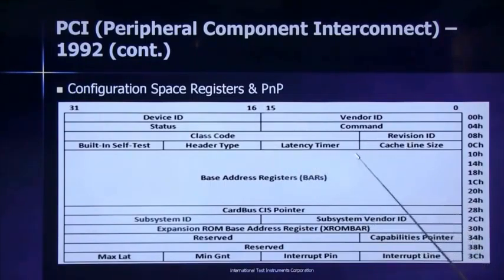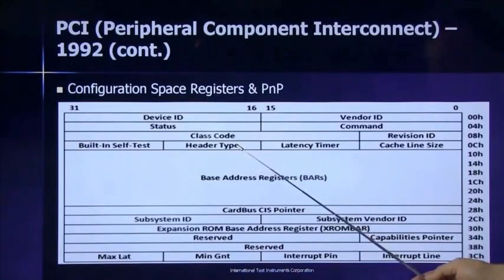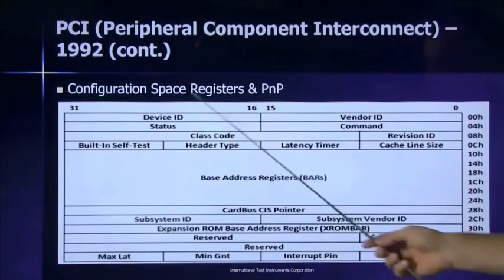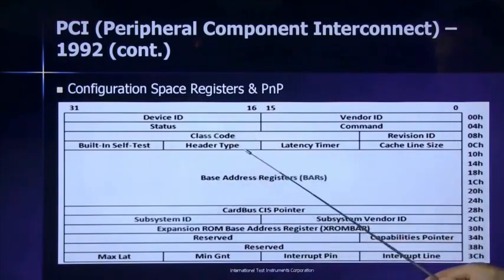Cache line size, latency timer, and built-in self-tests I'm not going to talk much about. The header type is a field that describes whether this particular device is an endpoint device, whether it's a bridge, or whether it's some other type of device.